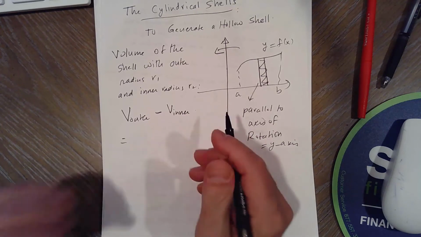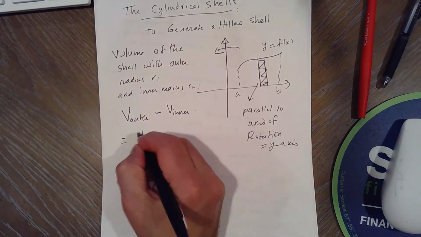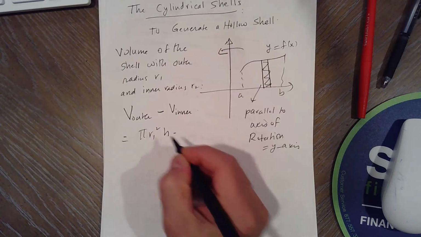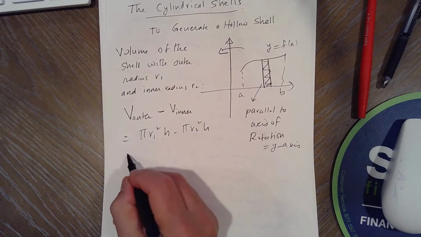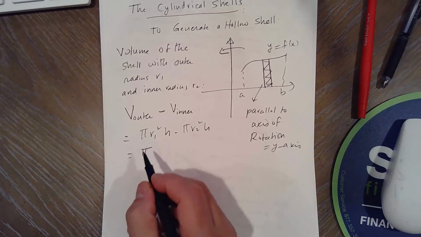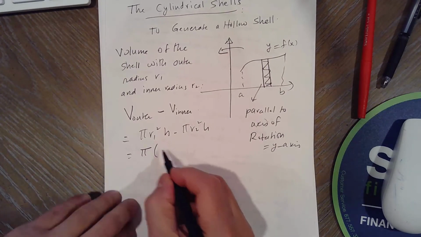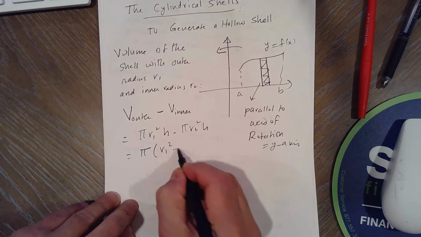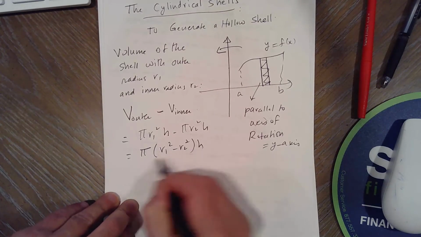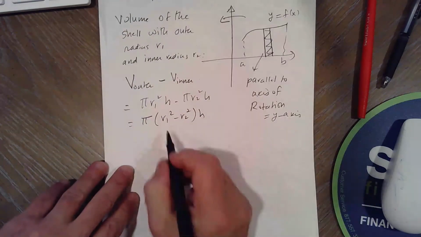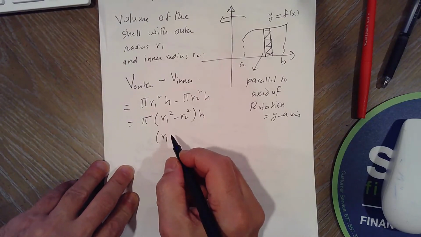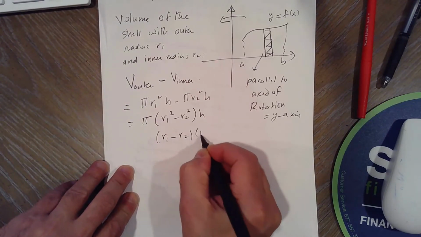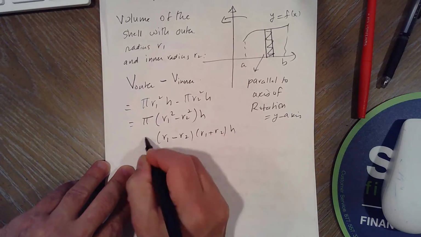Remember, the volume of a cylinder is pi r squared h. So pi r1 squared h, where h is the height, minus pi r2 squared h, which would be written as pi times r1 squared minus r2 squared times h. I factored out pi h, and this is the difference of two squares: r1 minus r2 times r1 plus r2 times h.